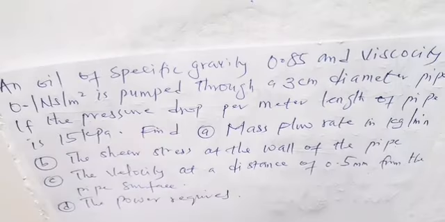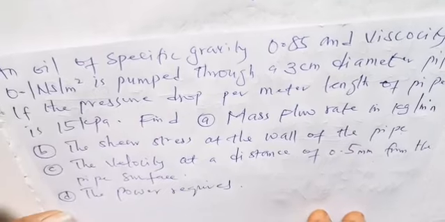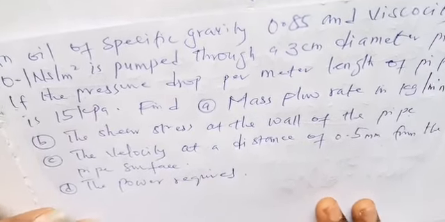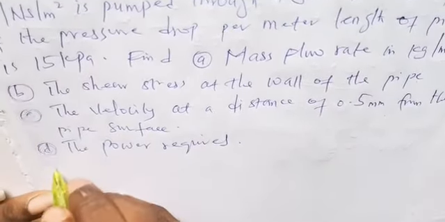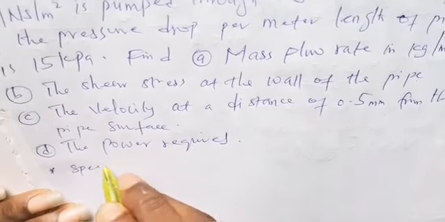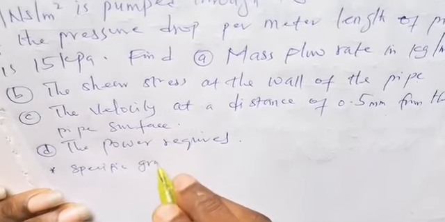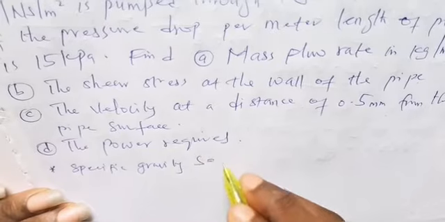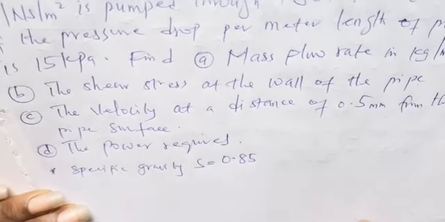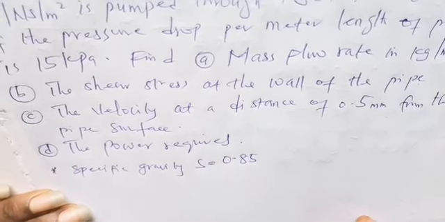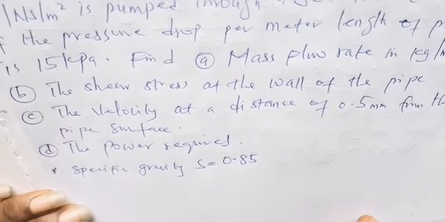Alright, so let's start with selecting our parameters. The question says an oil of specific gravity, so we indicate specific gravity S, which was given as 0.85, and viscosity 0.1 Newton seconds per meter squared.